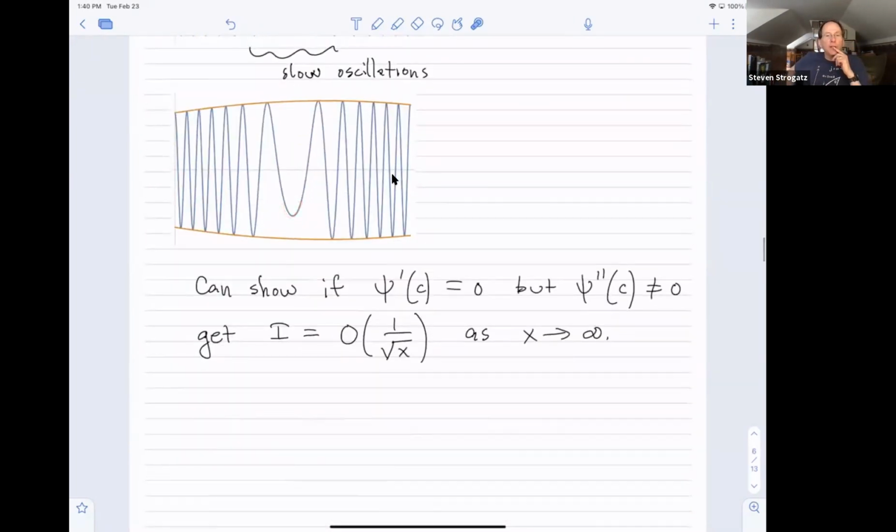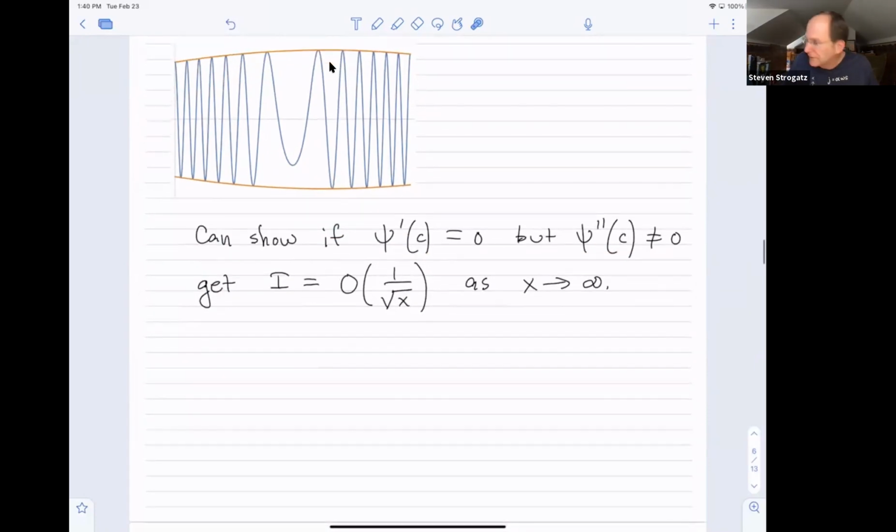So anyway, if the first derivative is zero, but the second is not, then the contribution coming from that quadratic term in the Taylor series will end up giving us this scaling. I'll show that momentarily. But you might wonder, what if I have a few derivatives equal to zero?